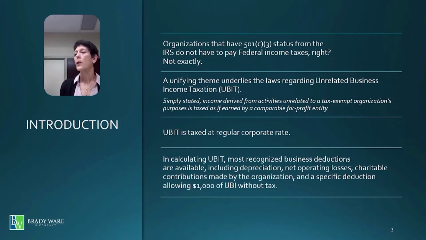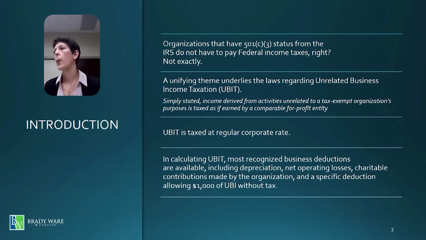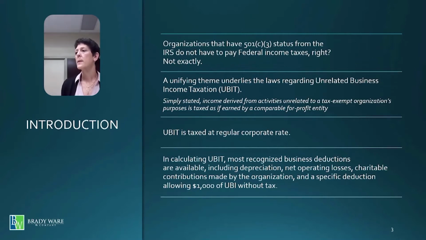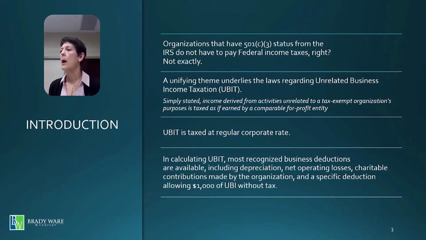And calculating UBIT, just like with a regular corporation, you would get normal business deductions that are directly related to the creation of that income. Any depreciation and net operating losses are available to offset any income that is generated in a year. And you can also deduct charitable contributions made by the organization.